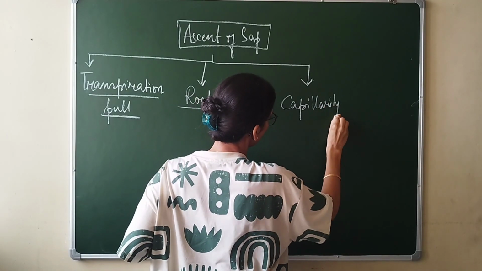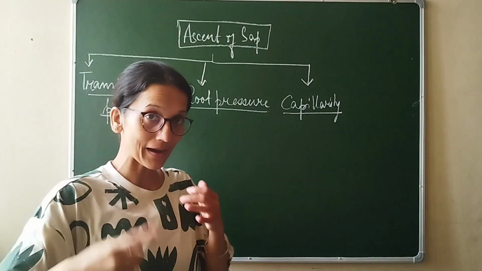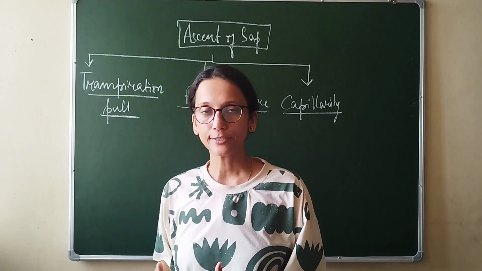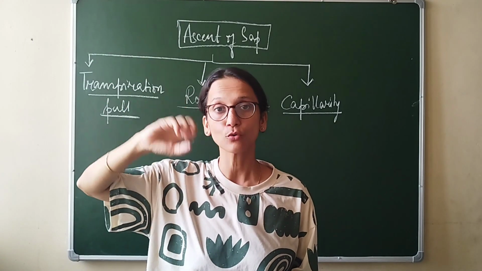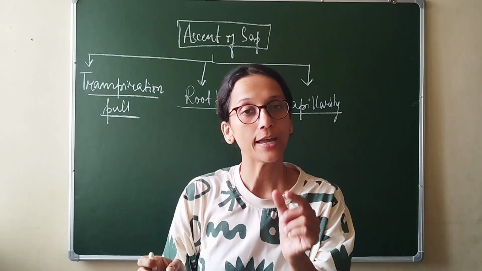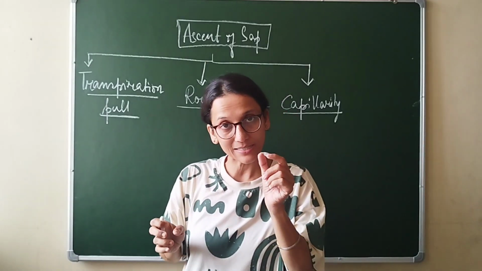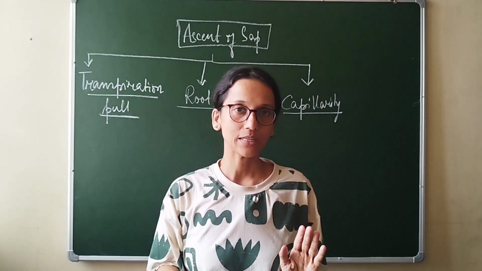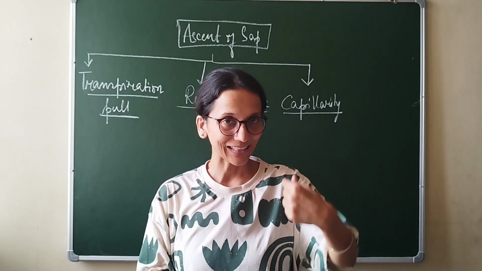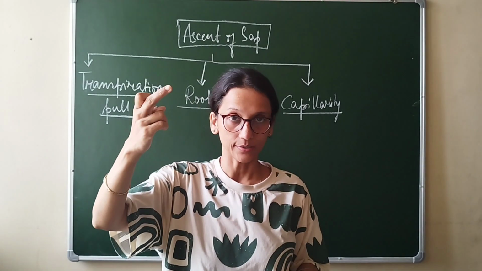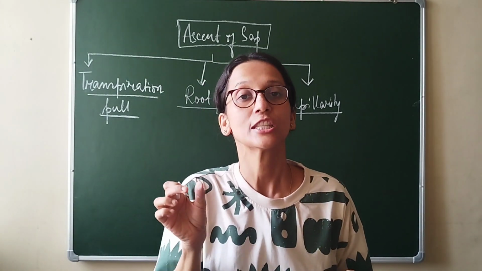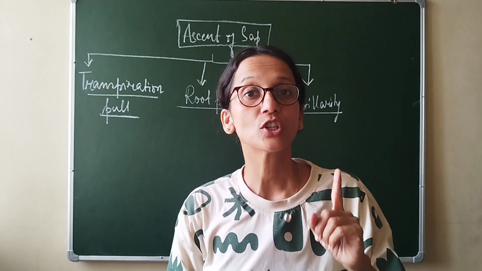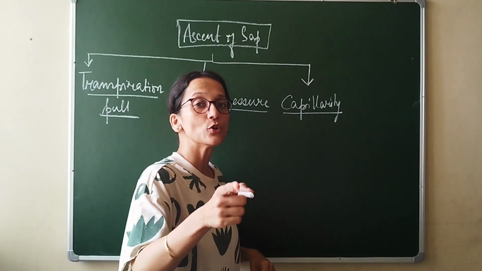What is capillarity? It is that property by which water or any other fluid can be drawn upwards to greater height only if the diameter of that conducting pipe is less. What I mean is, if you are using a thin pipe to draw water in comparison to a pipe which is thicker, then in the thin pipe, drawing water is going to be easier.